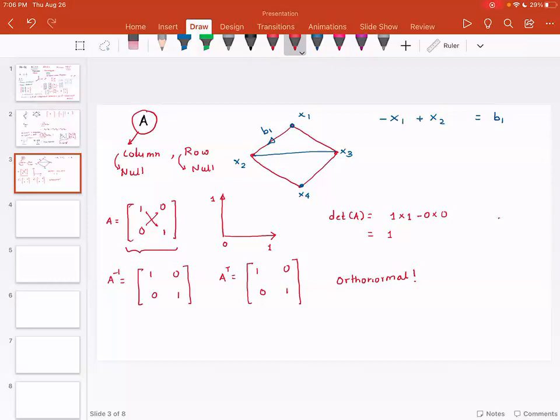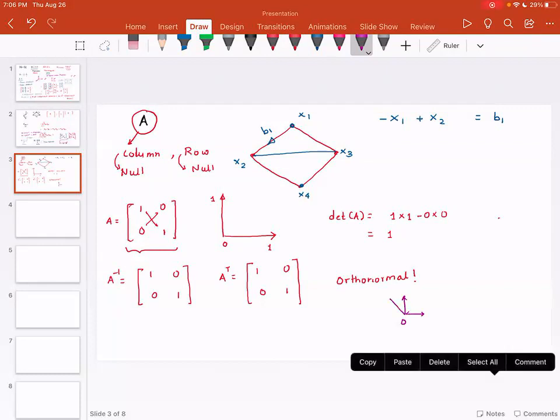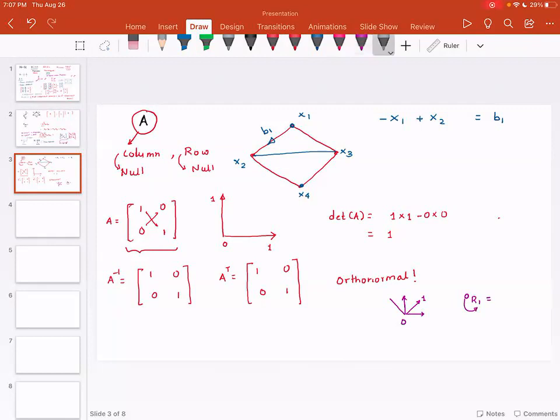There might be some students who are not in the robotics class, but bear with me for a second. You have frame number 0 and you have frame number 1. So R01 will take you from the 0th frame to the first frame. But now my question is, I want to go from frame 1 to frame 0.